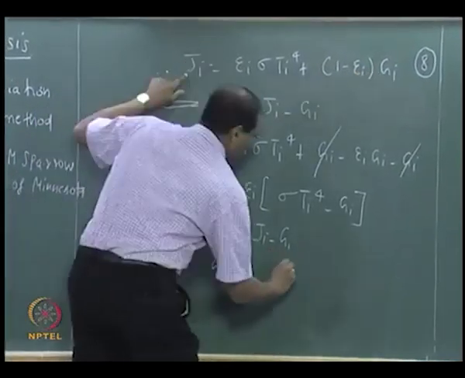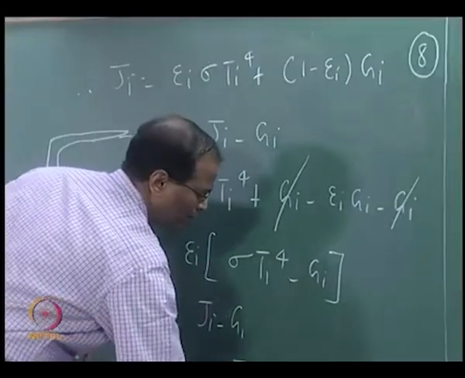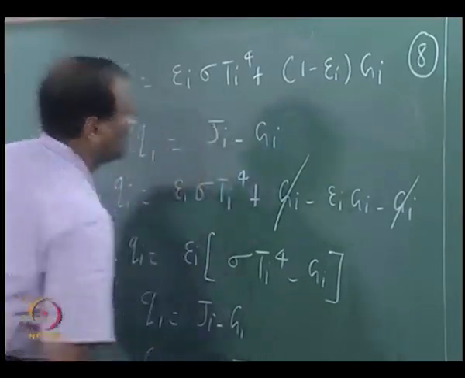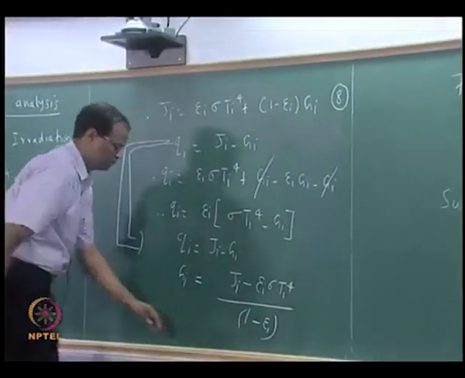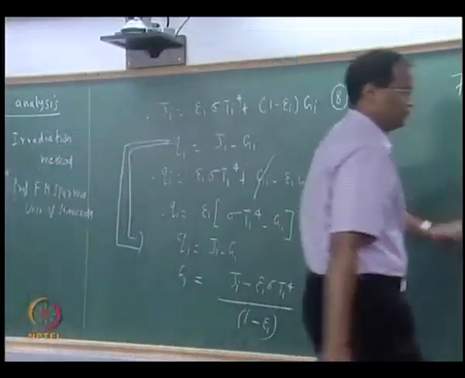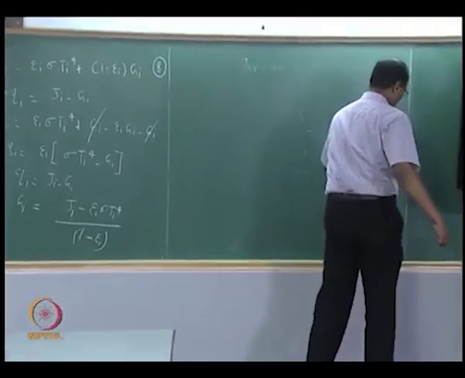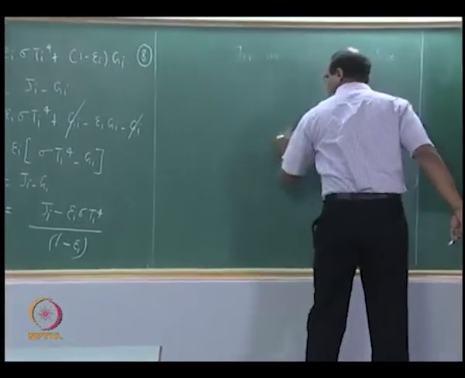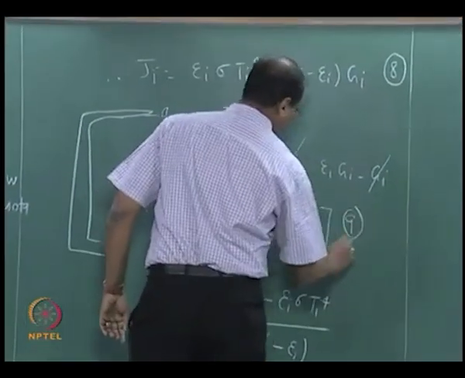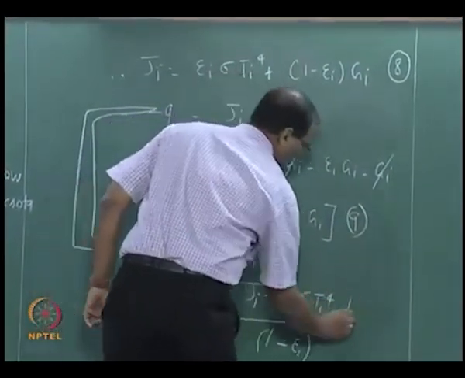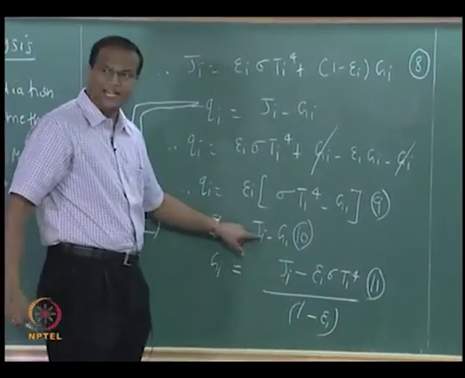Gi is correct. I got an expression for Gi, I can substitute for Gi in 10, correct.